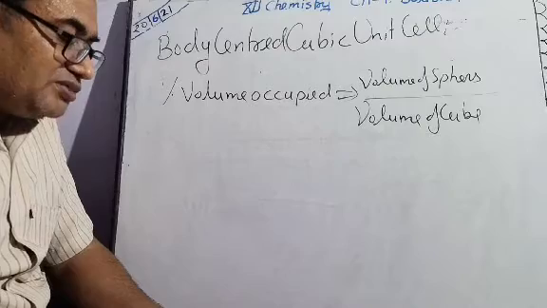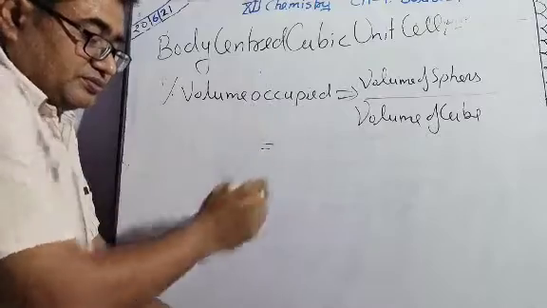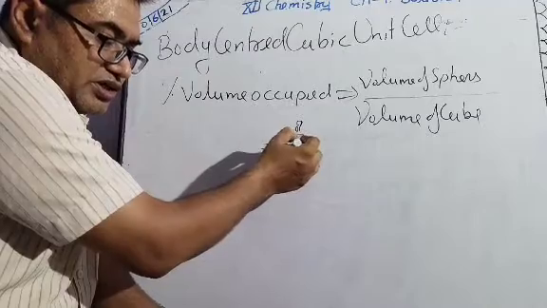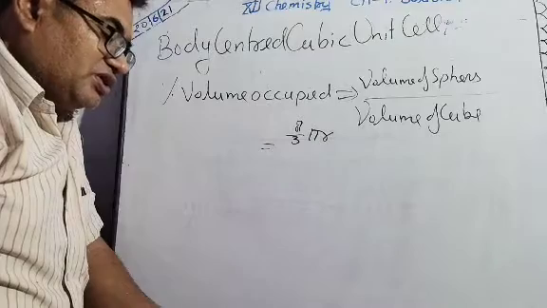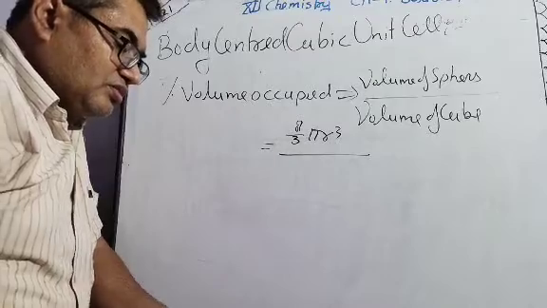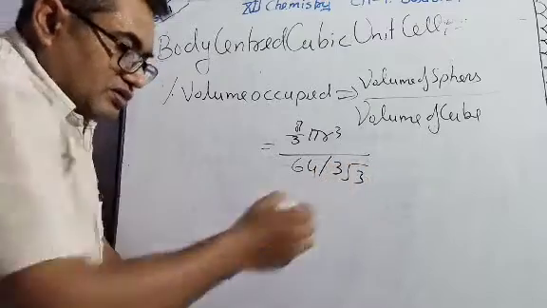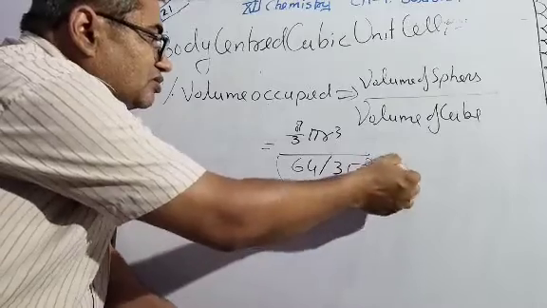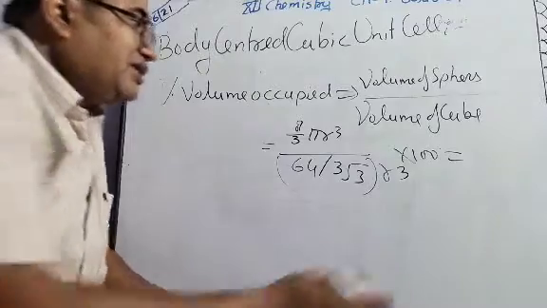So it is 8 upon 3 pi r cube upon 64 by 3 root 3 r cube, multiplied by 100, becomes 68%.